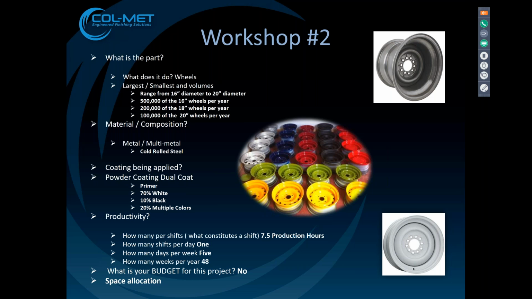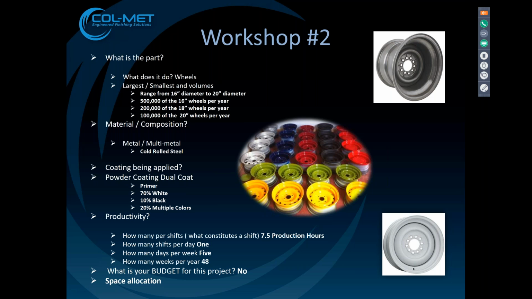The material is cold rolled steel, and the coating being applied is a dual coat powder system. They have a primer, and then on their colors, they're 70% white, 10% black, and 20% multicolor.